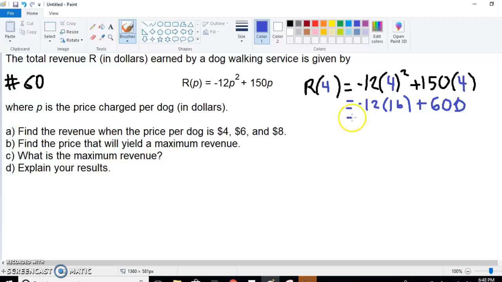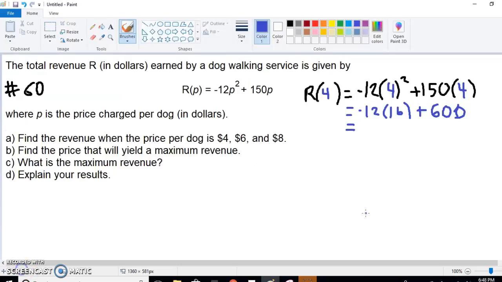And then here we can multiply out negative 12 times 16, which gives us negative 192, and then plus 600.